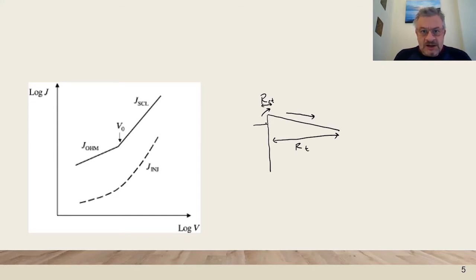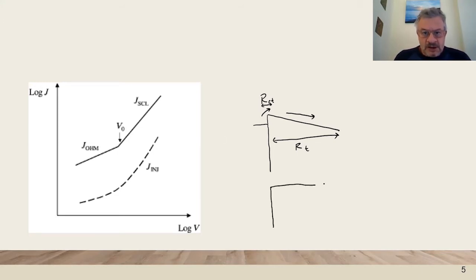So if the contact resistance is large, then the device will be dominated by injection. But if the contact resistance is much less than the transport resistance, the device will be controlled by the transport, like in this situation, in which the injection current that the device can sustain is much less than the transport current.